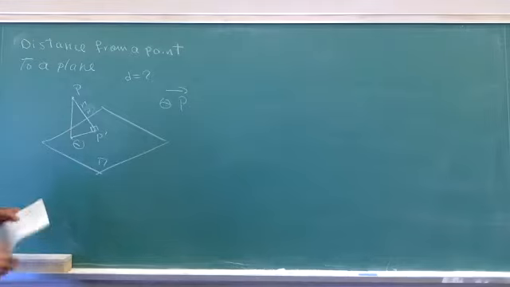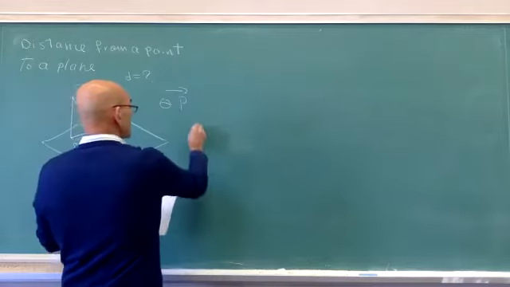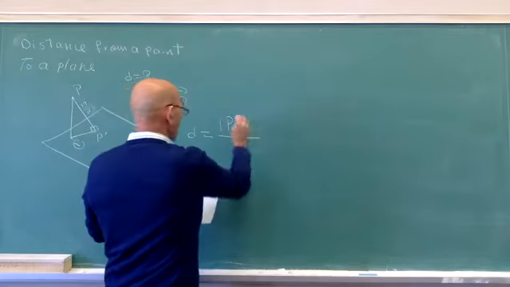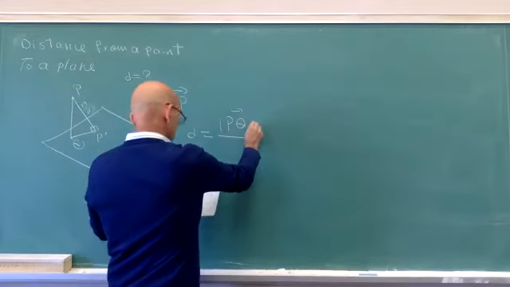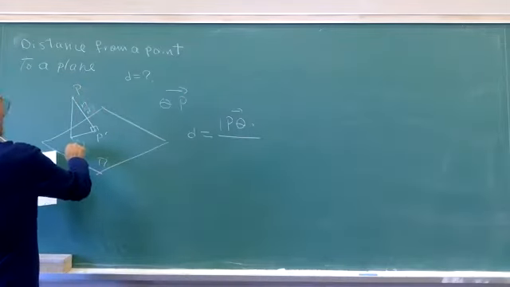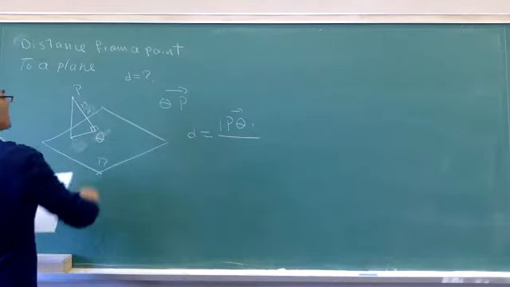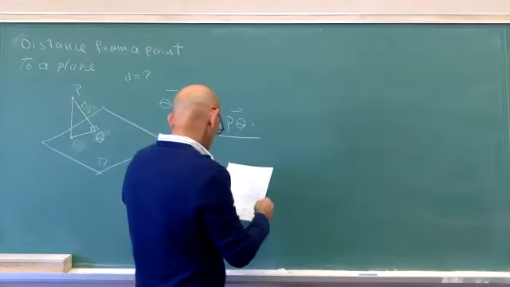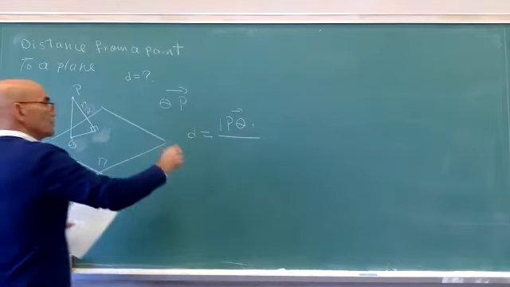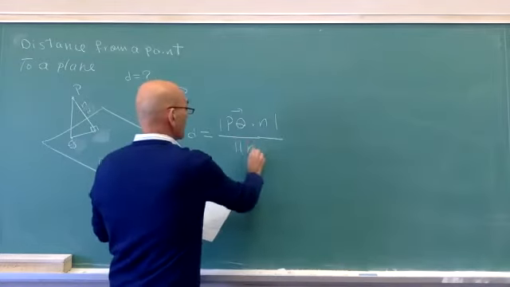So the formula then is going to be D is equal to the absolute value of PQ, where this is my Q now, PQ dot n divided by the norm of n.